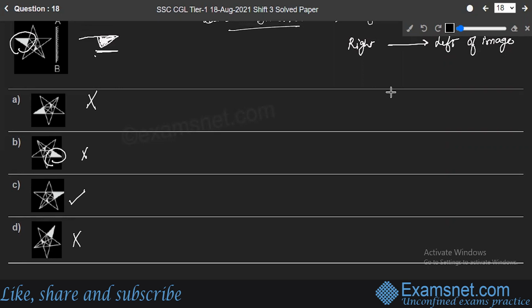So you don't need to see the whole image in the paper, you don't have that much time. So take out the small things. If a small thing can solve your answer, don't go for finding out the whole image of the object. If a single part of the object can work for you, that will be enough. So looking at this, option C is the correct answer to our question. Hope you are clear with this. Let's move to the next question.